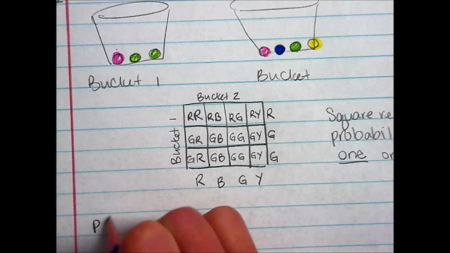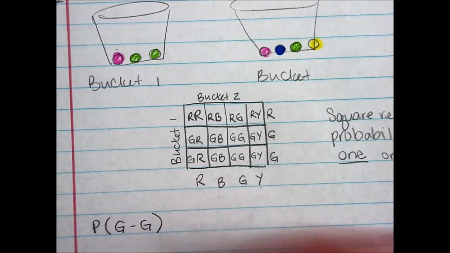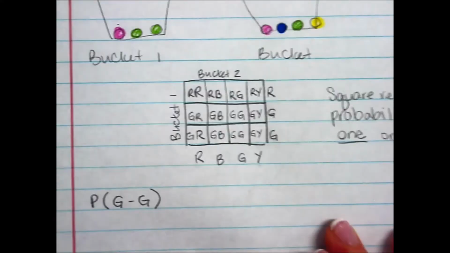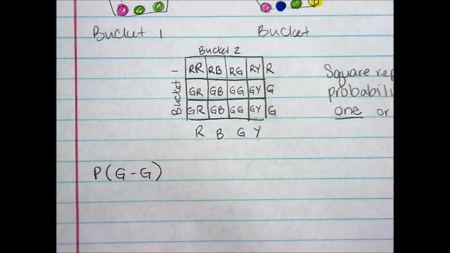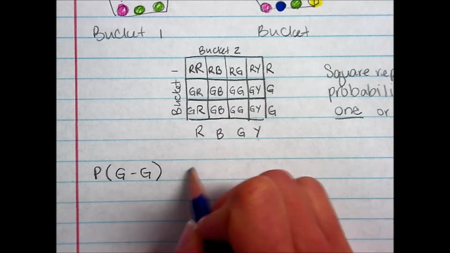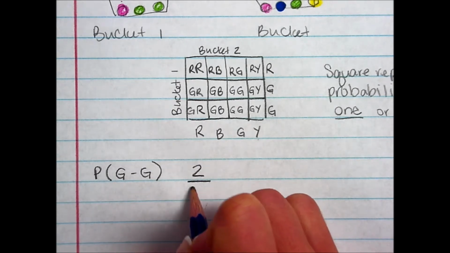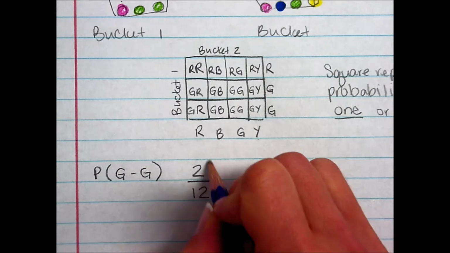What's the probability in this situation of pulling a green, then a green? Green and green happens 2 times out of a total of 12 possible times. But when we write our probability, if it's a fraction, simplify.